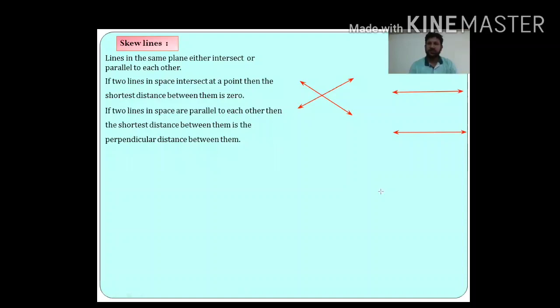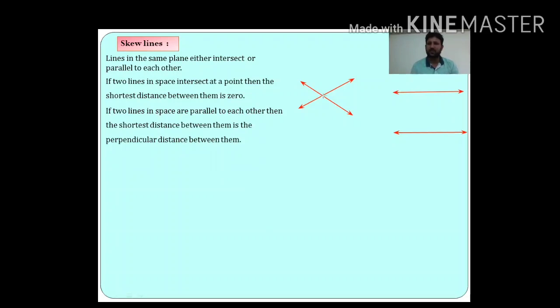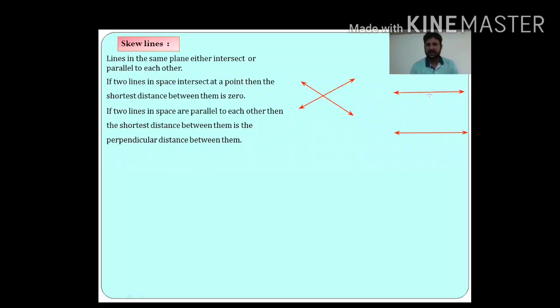Okay, students, observe here. First, these two lines are intersecting. The shortest distance between these two lines is 0. Then in the second case, the lines are parallel, and the shortest distance between them is calculated by taking the perpendicular distance. It is the same everywhere for these two parallel lines.